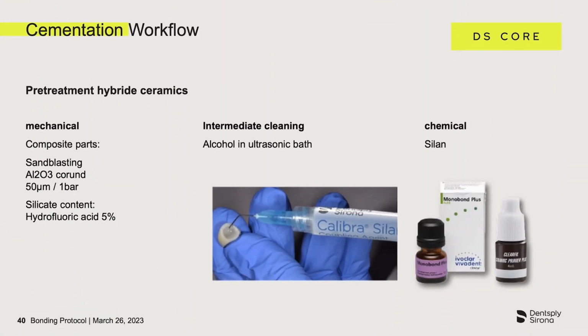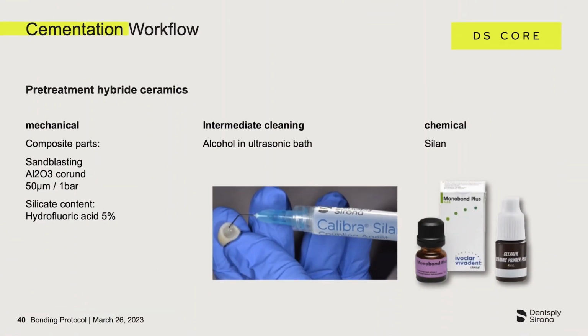The pre-treatment of hybrid ceramics depends on the main component of these materials. A composite matrix is pre-treated by sandblasting, and if glass phases are included, the surface can also be enlarged by the application of 5% hydrofluoric acid.